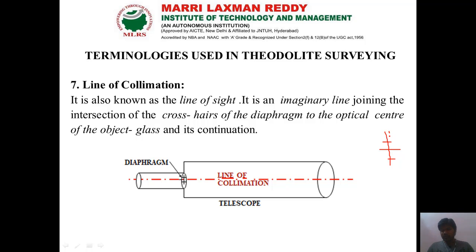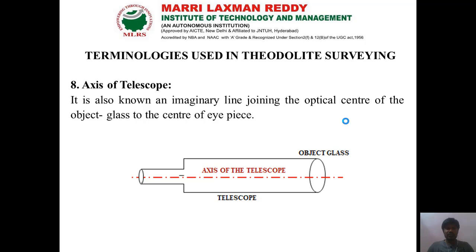So the center of the diaphragm and the optical center of the object glass, the continuation of this imaginary line is called the line of collimation.